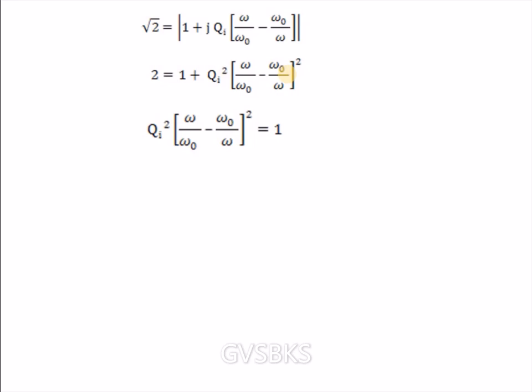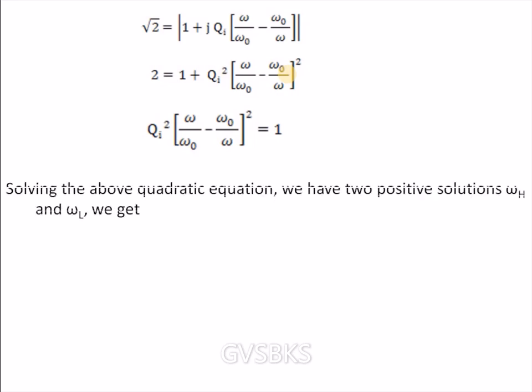This equation looks like a quadratic equation in omega square form. Therefore, if we solve the above equation, we will get two positive solutions, omega H and omega L, which are the higher cutoff frequency and lower cutoff frequency of our tuned circuit.